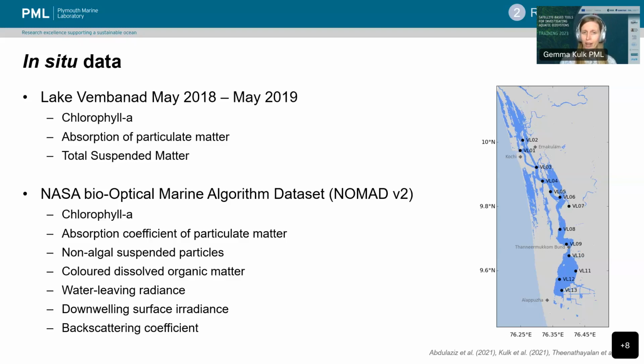From this dataset, we also used the concentration of chlorophyll A and the absorption coefficient of particulate matter, but we also used the absorption of non-algal suspended particles, the absorption of colored dissolved organic matter, the water-leaving irradiance, the downwelling surface irradiance, and the backscattering coefficient. This data set contains between roughly 100 to 800 data points, depending on the variable. So this adds a lot more in situ data to our analysis than we have from Lake Vembanad alone.